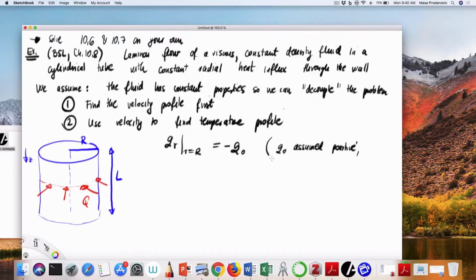There's some heating coil around the tube. And my temperature at z equal to 0 is some known temperature.